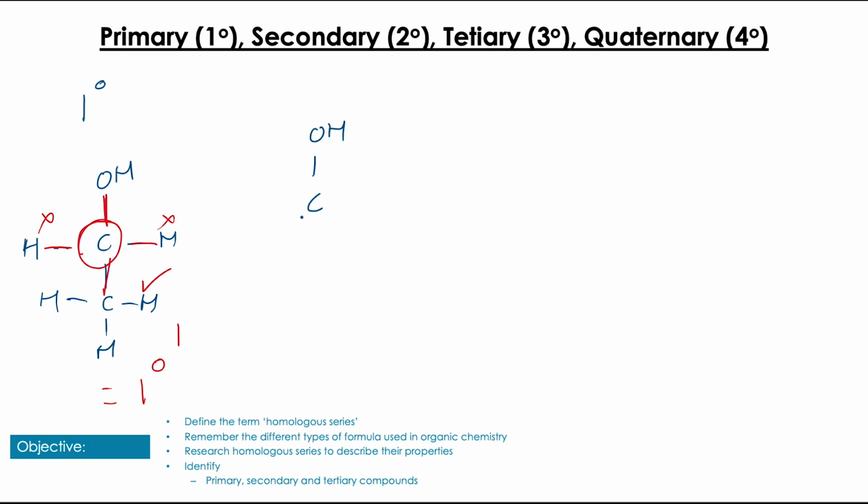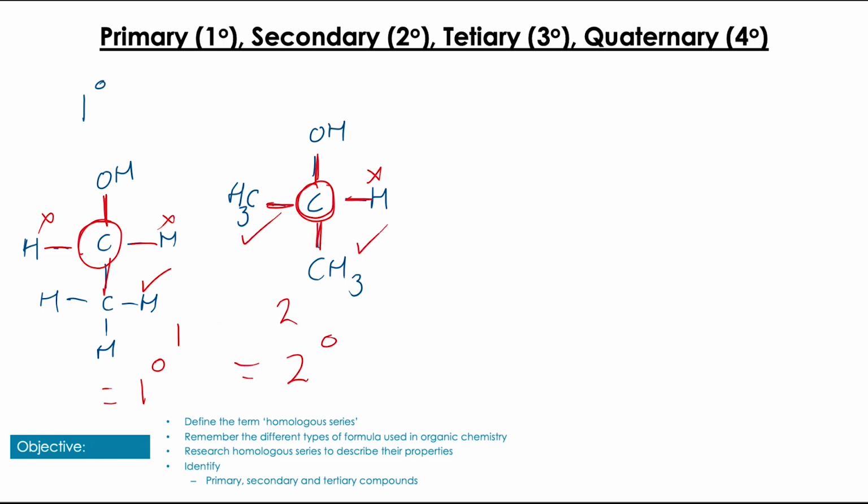Now, I think you may be able to guess what secondary would be. We've still focused on the carbon that is attached to the functional group. That's this central carbon here, attached to, not there, but yes and yes. So we've got 2. That is a secondary compound.